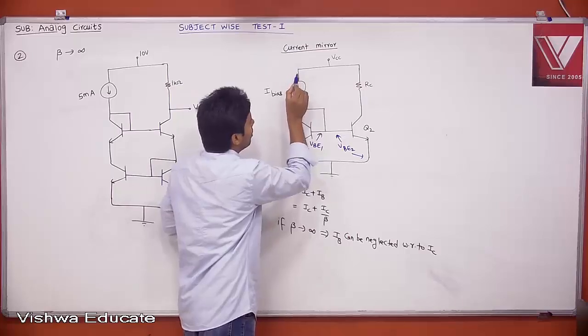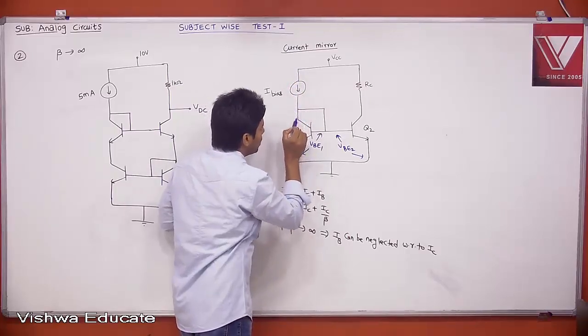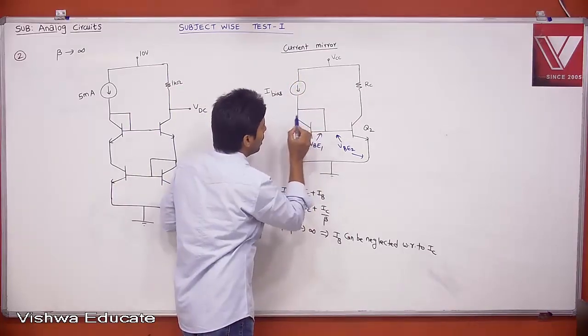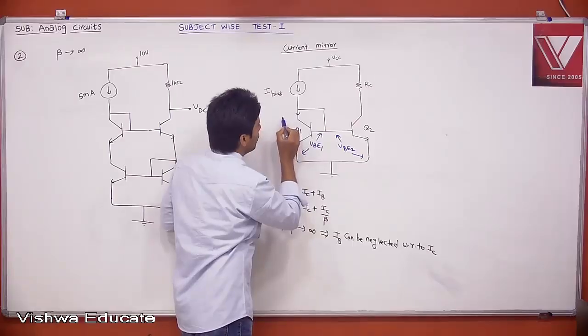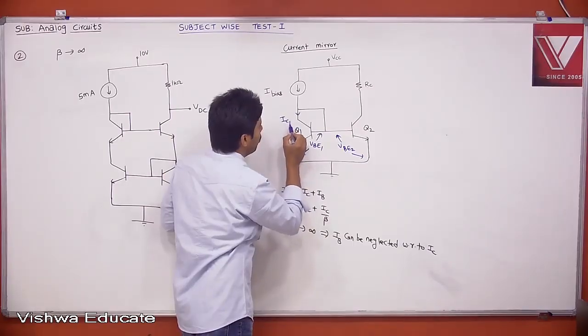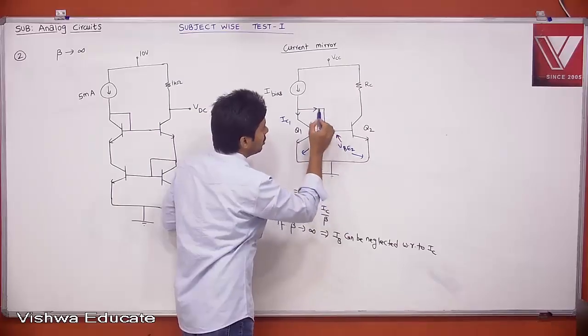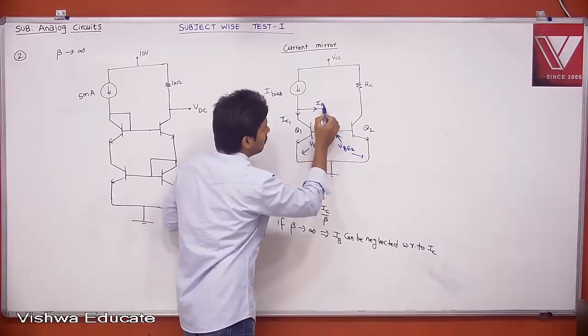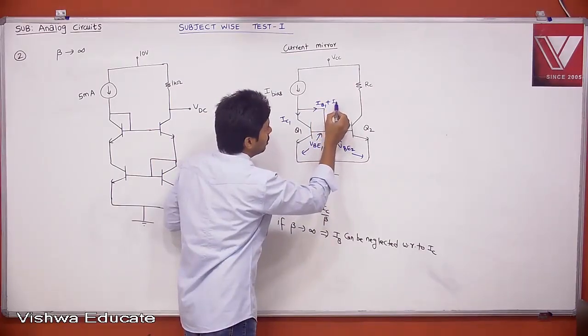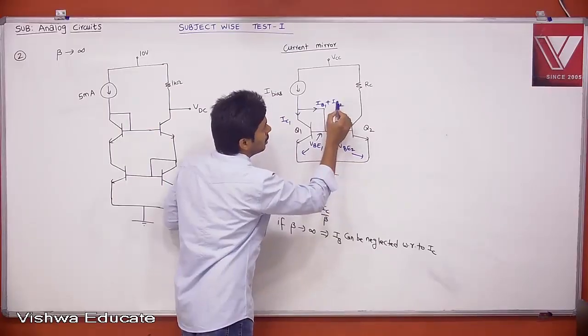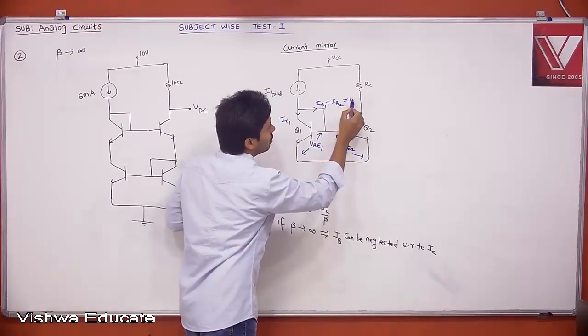Actually, whatever I bias is, this current is equal to this current plus this current. This current is, let us say, IC1, and what is this other current? This is nothing but IB1 plus IB2. But you can neglect it, approximately equal to 0.